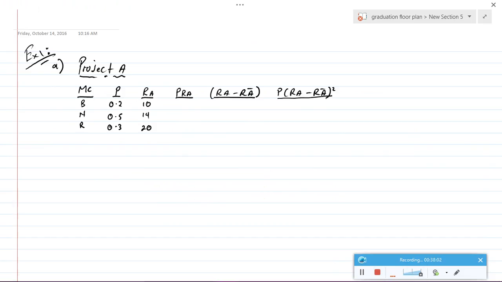So take 5 power of 2 times the probability 0.2, how much do you get? 5, then 0.5 gives 7.5. Then you total up, how much do you get? Then you get 13, am I right?